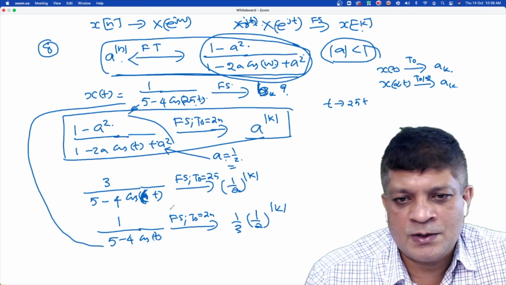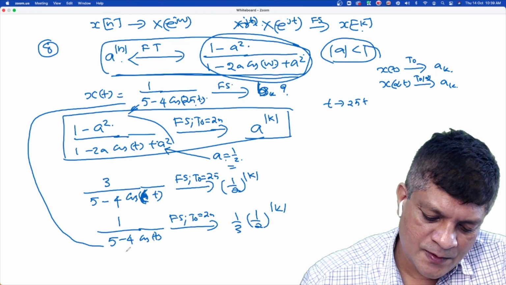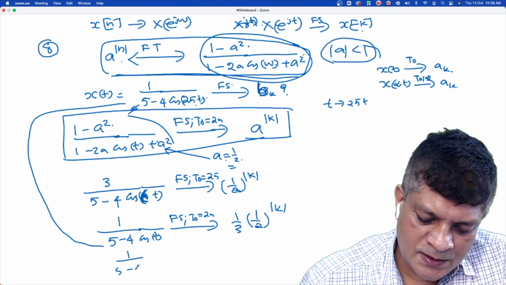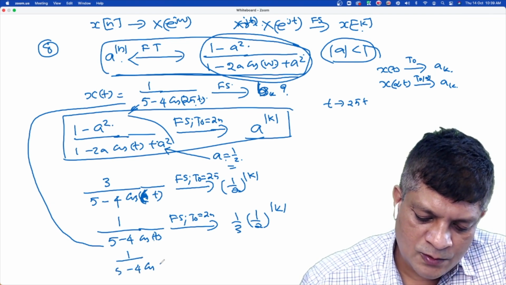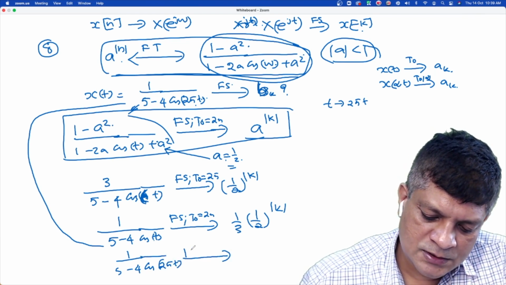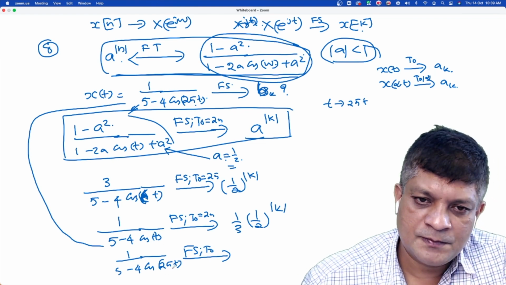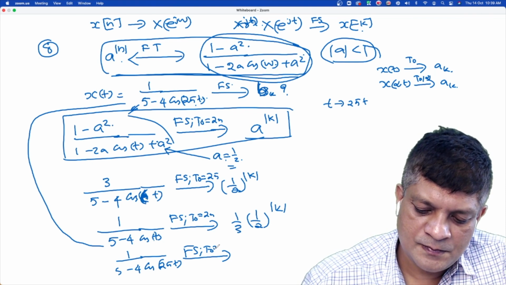We have already derived this property. So if you use that property, 1 by 5 minus 4 cos 2 pi t, Fourier series with respect to which period? What is the fundamental period of this? T naught is 1.